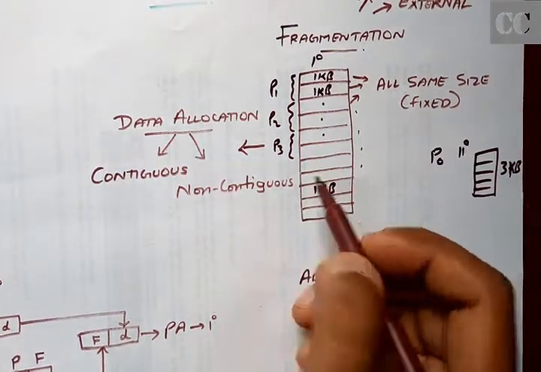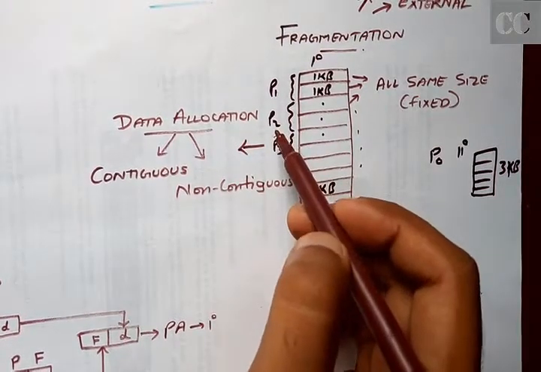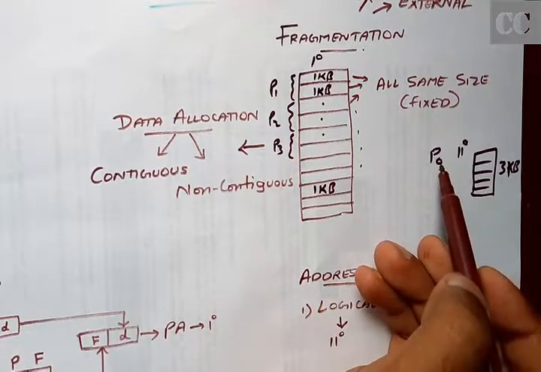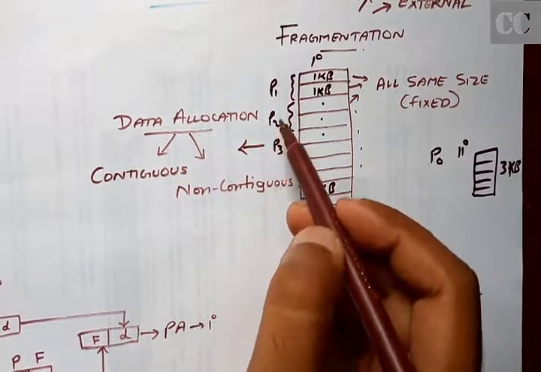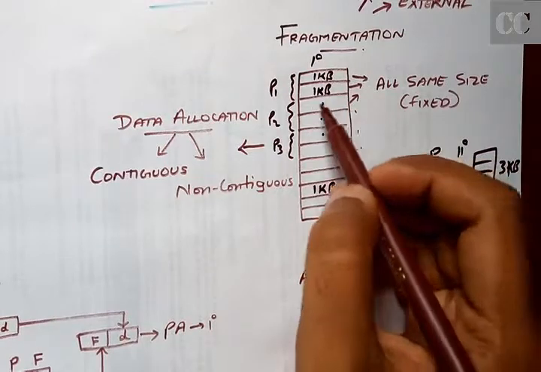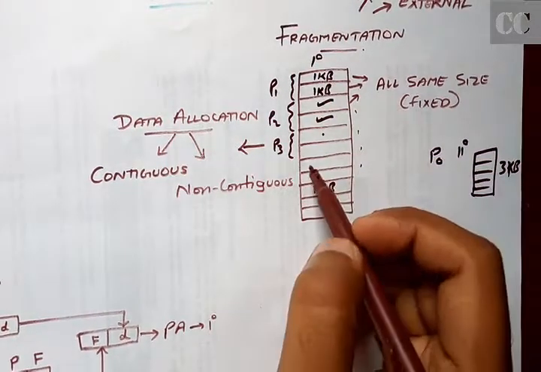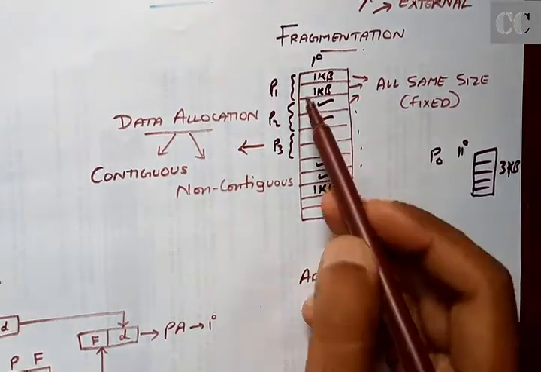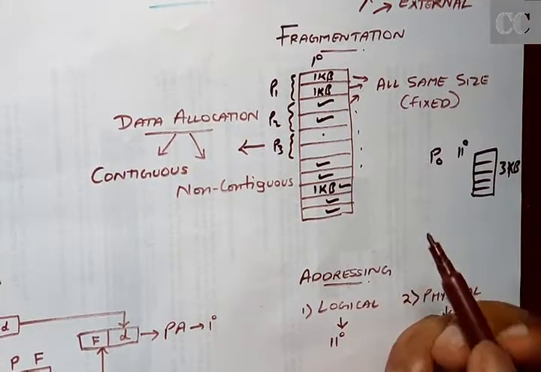Now what happens if the P2 process gets terminated before P0 requires the RAM? Then these two slots are vacant, and all the rest are vacant. These two slots are occupied by P1 and these two slots are occupied by P3.